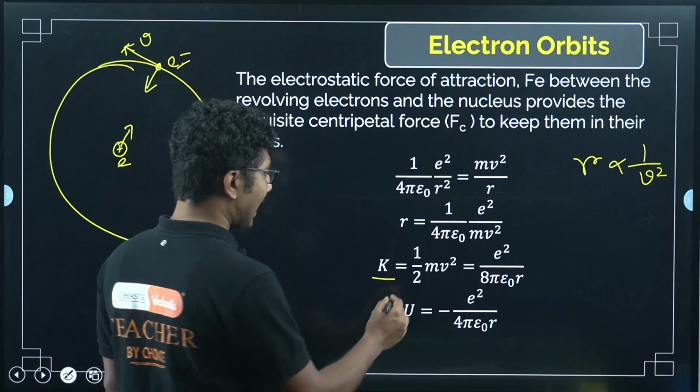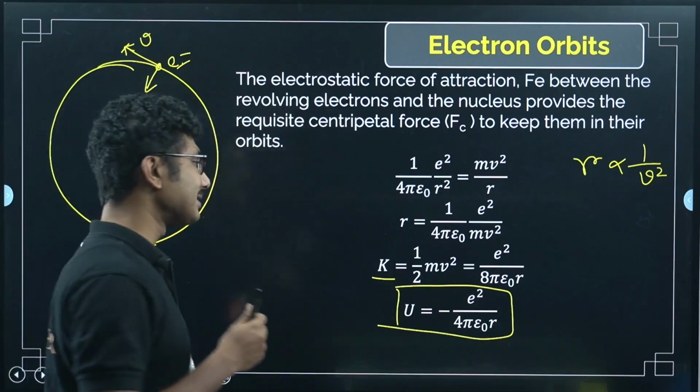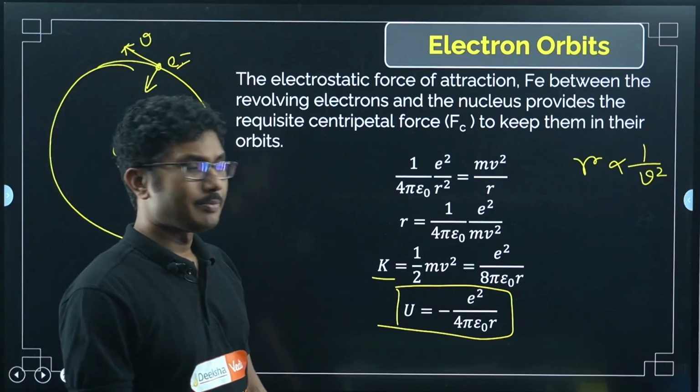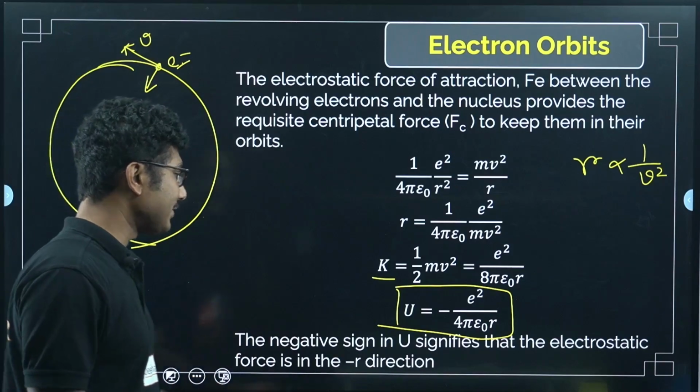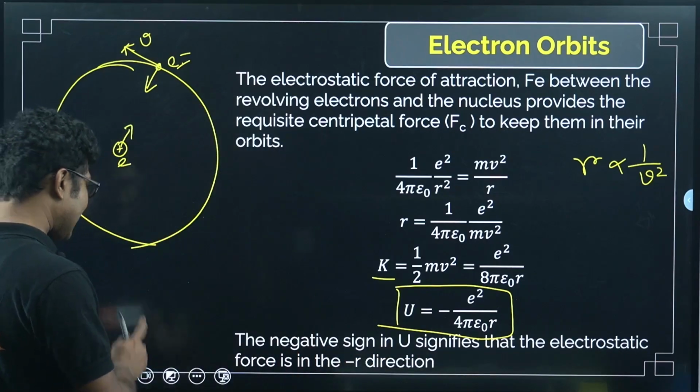The kinetic energy is that, and the potential energy is given by this. The negative sign represents that the electron is bound to the nucleus. The negative sign in U signifies that the electrostatic force is in the minus R direction.